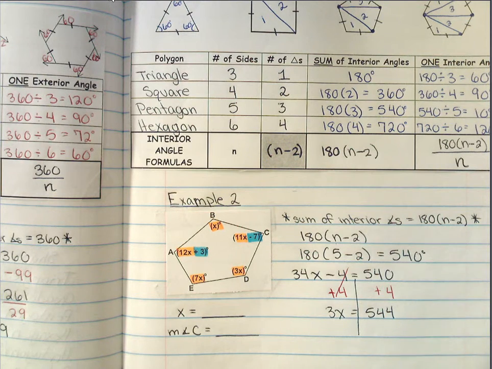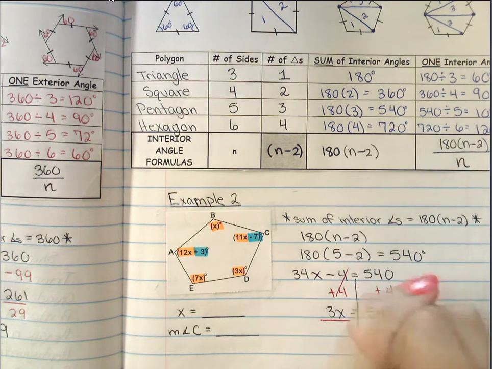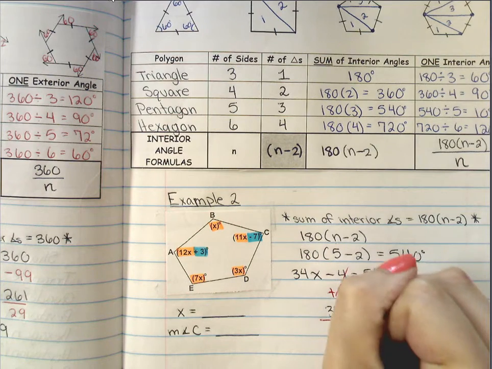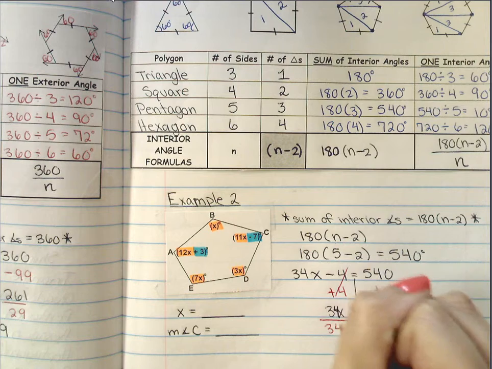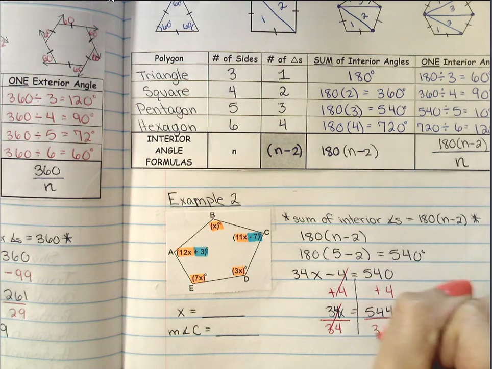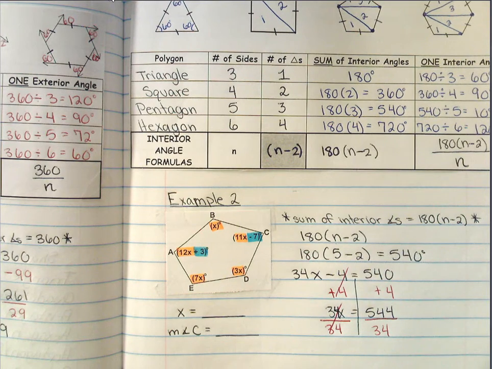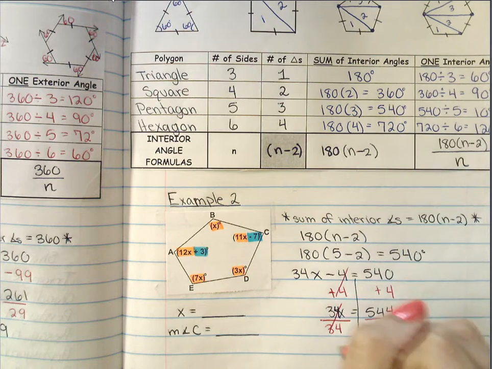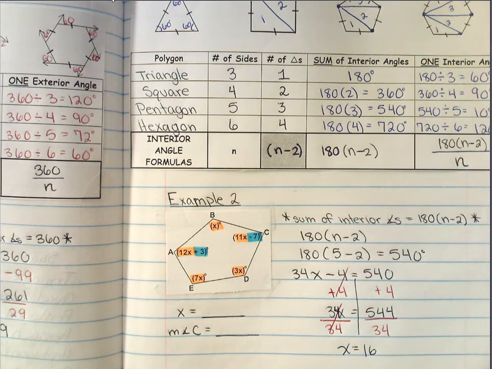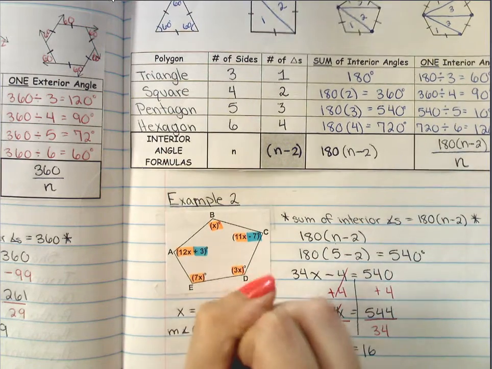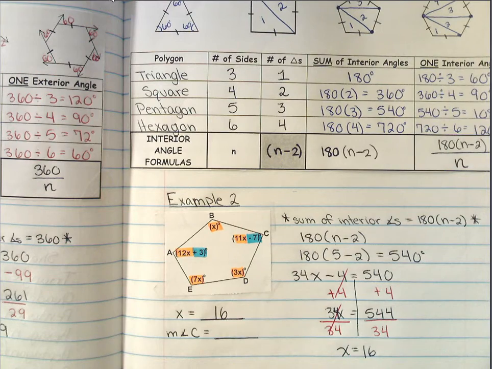Now to get rid of the 34, I'm going to divide by 34 on both sides. So I have x equals 544 divided by 34. That gives me 16. So my x value is 16.